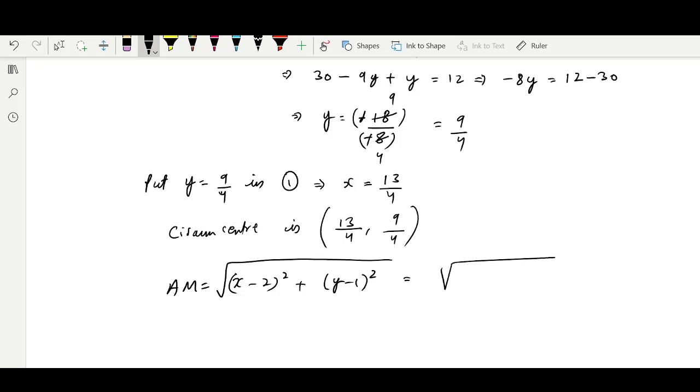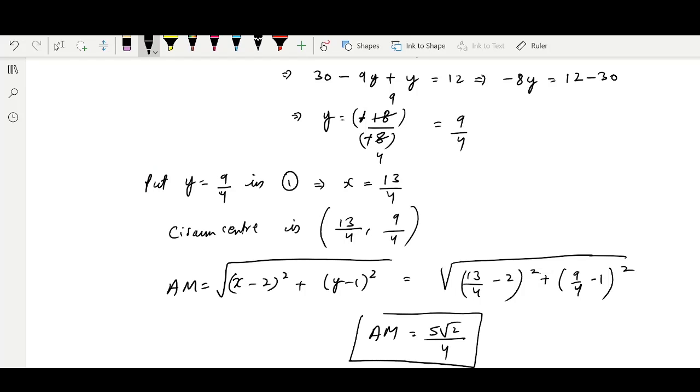We'll get (13 by 4 minus 2) the whole square plus (9 by 4 minus 1) the whole square. On solving this, we'll get AM equals 5 root 2 by 4. Okay, so this is the radius of the circumcircle.